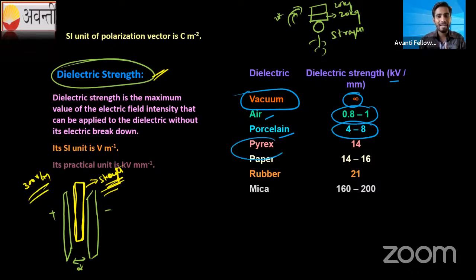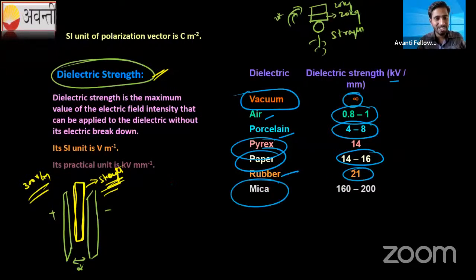Pyrex, I don't know exactly. Paper's dielectric strength is 14 to 16. For rubber it is 21. Mica sheet has a dielectric strength around 160 to 200 kilovolt per millimeter.